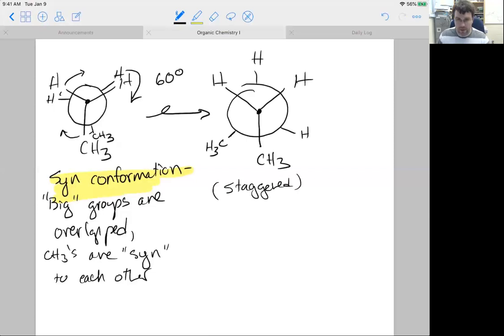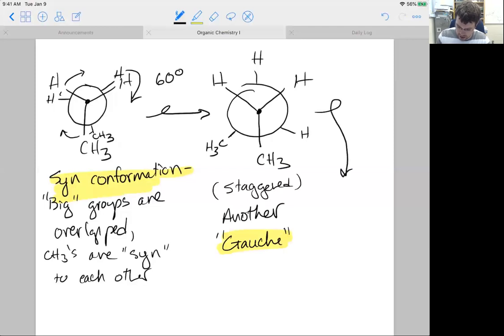What I want to point out about this conformation is that this staggered conformation has the CH3 groups closer to each other than we would see for the anti conformation. This is another gauche conformation. So being able to recognize gauche conformations and distinguish them from anti conformations will be important. Let's keep on going though.